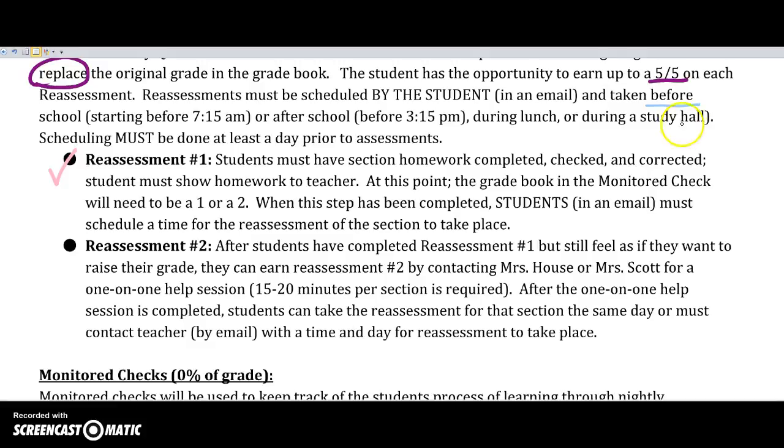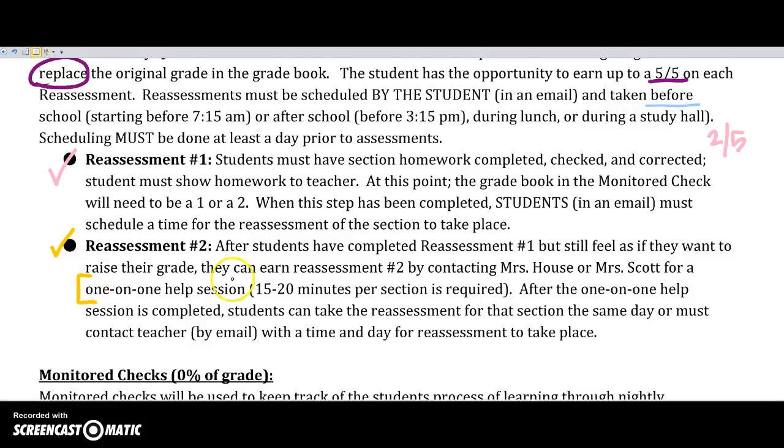So say I got a 2 out of 5 on my reassessment number 1, and I just really want to try for a 5 out of 5 because I know that I can possibly be exempt. So we can earn the right to reassess one more time. And how do we do that? After the student has completed reassessment number 1 but feels as if they want to raise their grade, they can earn reassessment number 2 by contacting myself, Mrs. House, or Mrs. Scott for a one-on-one help session.